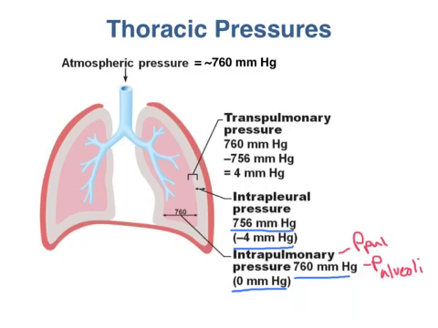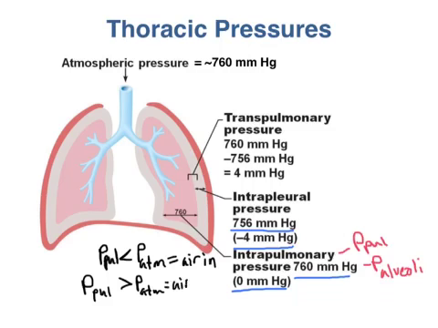And it's what determines if air will move in or out. If that intrapulmonary pressure is less than the atmospheric pressure, then air is drawn in. If that intrapulmonary pressure is greater than the atmospheric pressure, air will be forced out.